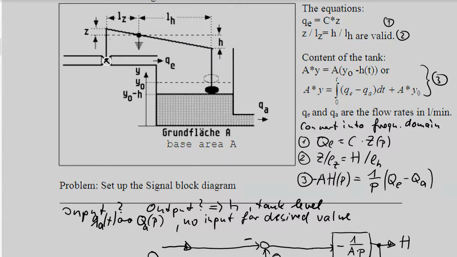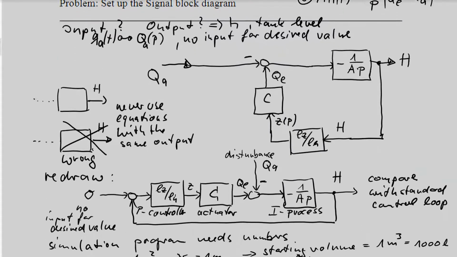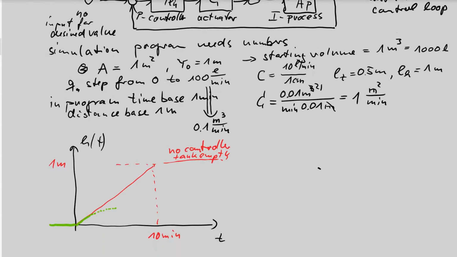We get 100 liter per minute if this is 10 centimeters, and with the lever law we get this if h is 20 centimeters. So we know, very simple, the final value of my system must be at a value of 0.2 meter. Steady state final value.